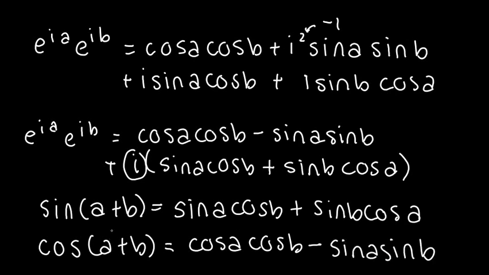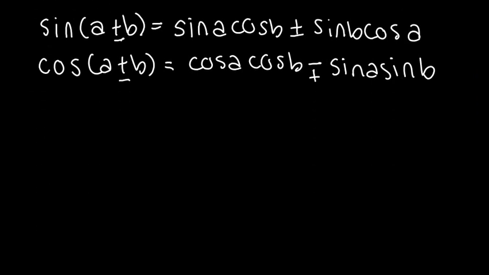And if we were to take the difference of these, which is just a plus or minus b, we would just have the opposite. So for sine of a minus b, we would get sine a cosine b minus sine b cosine a. And if we were to take cosine of a minus b, we would get cosine a cosine b plus sine a sine b. So these are the two main difference formulas for sine and cosine.